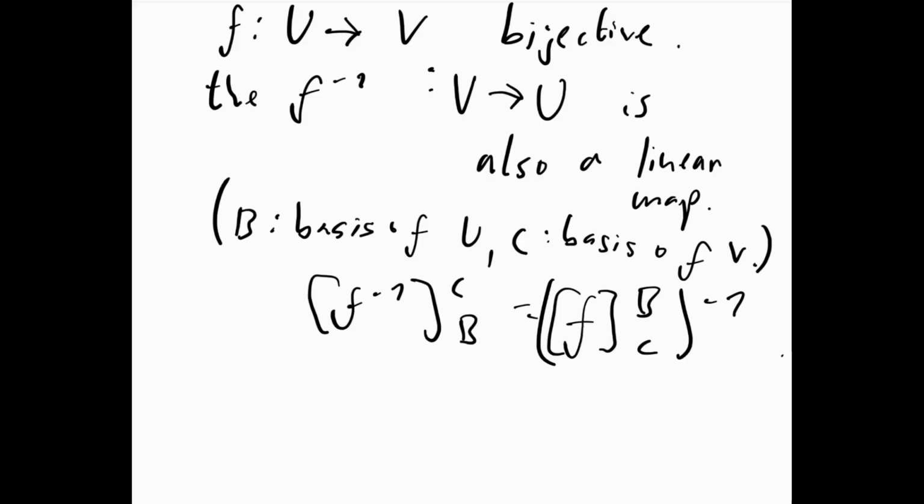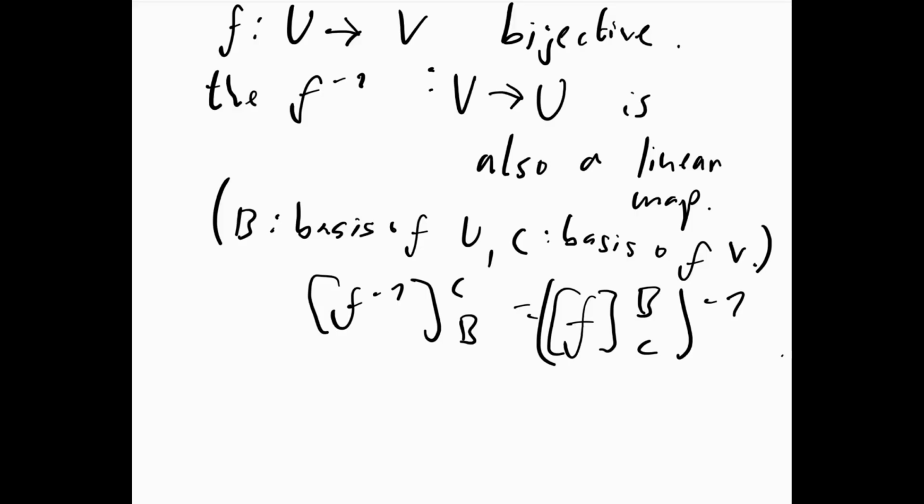So we can just invert the matrix that represents the map F with respect to bases B and C in order to get the inverse mapping. We can simply invert the matrix.